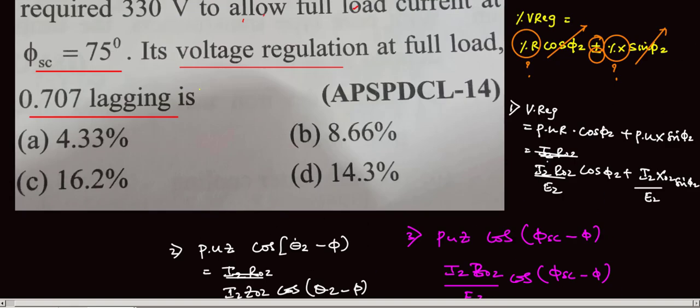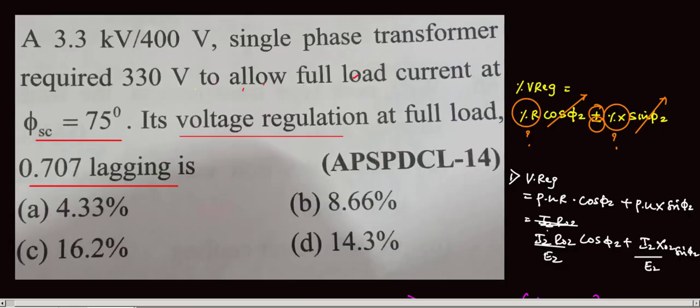So now solve the question here. He has given that a single phase 330 volts is applied to allow the full load current. That means he is applying it on the HV side, with the LV winding short circuited.